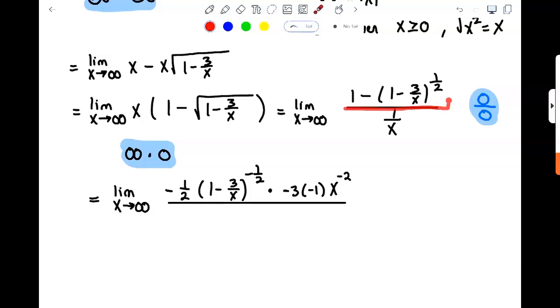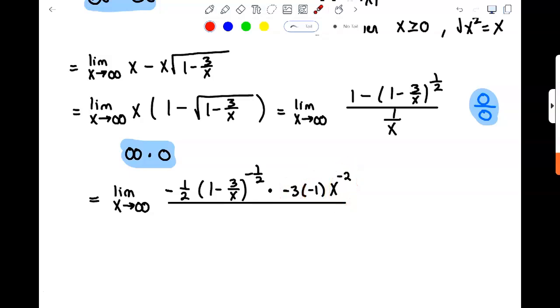So the derivative of the stuff on top is going to be the minus, derivative of the outer function, 1/2, that stuff now to the minus 1/2, times the derivative of the inside. On the inside, that's 1 minus 3x to the minus 1. So minus 3, derivative of x to the minus 1 is multiplied by minus 1, and then x to the negative second.